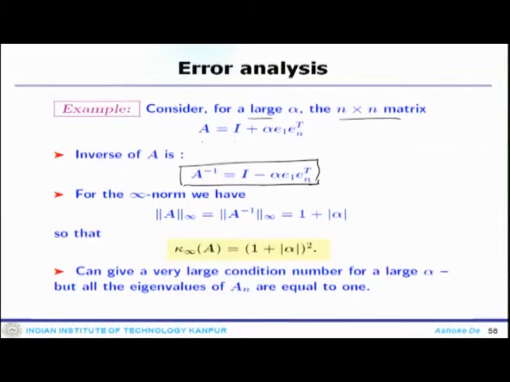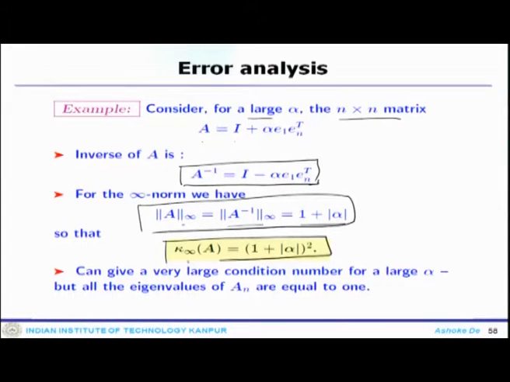For the infinity norm, we have the A infinity norm equal to the A inverse infinity norm equal to 1 plus mod alpha. So, this leads to the condition number at the infinity level, which is 1 plus mod alpha, completely squared.